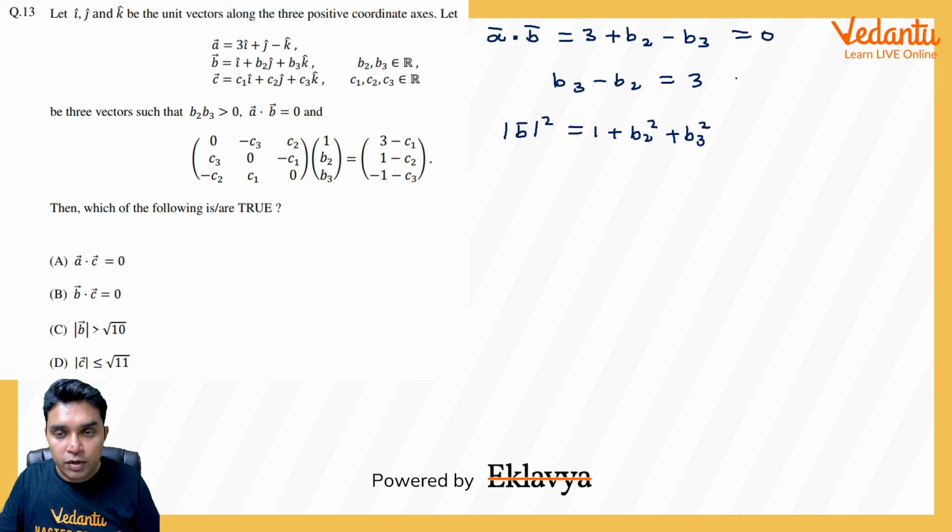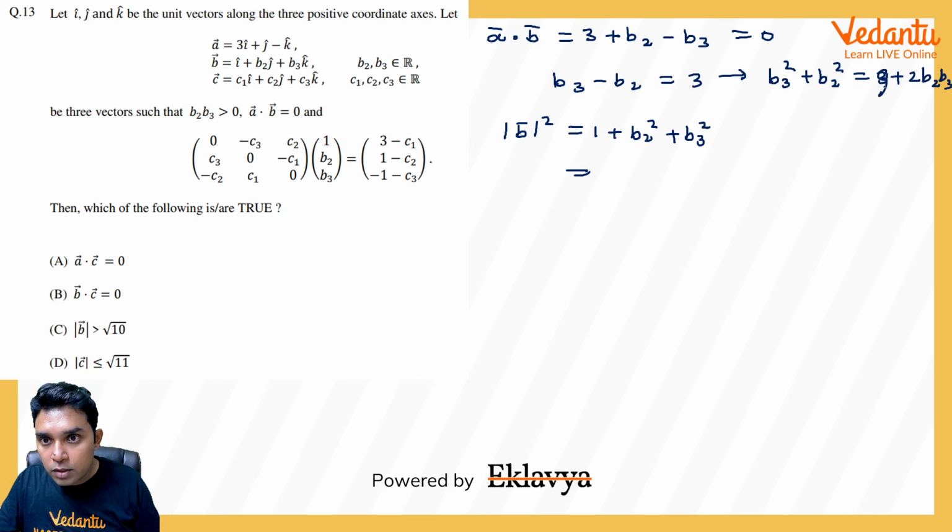Let us see how we can correlate this. Now we can write this after squaring: B3 square plus B2 square is equal to 9 plus 2 times B2 B3. So here I can write this as 1 plus 9, 10 here, plus 2 B2 B3.